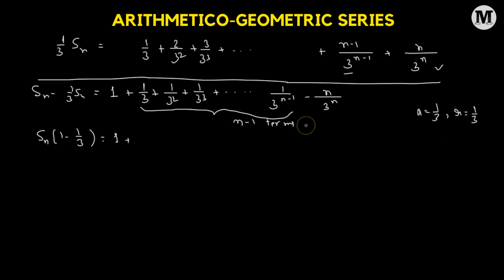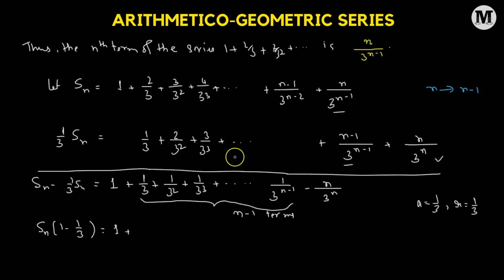Now let's try to verify why there are n minus 1 number of terms. So while performing the subtraction from Sn, we considered the second term and went all the way up to the last term. We excluded the first term 1 here. Now since Sn contains n number of terms, the moment we exclude one of the terms, it's going to leave us with only n minus 1 number of terms.